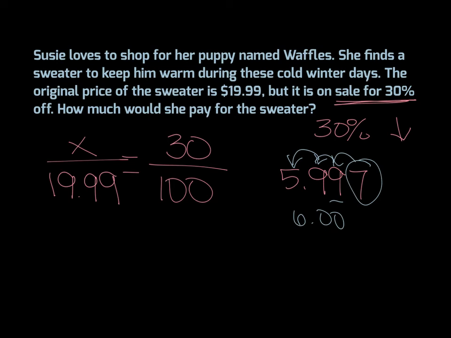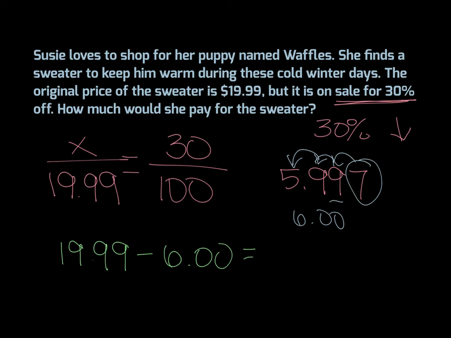So the question wasn't how much is the discount. The question of this was saying how much would she have to pay? So since it's a discount, I'm going to have to take the $19.99 and I'm going to subtract the $6 because it's a decrease, it's a discount.